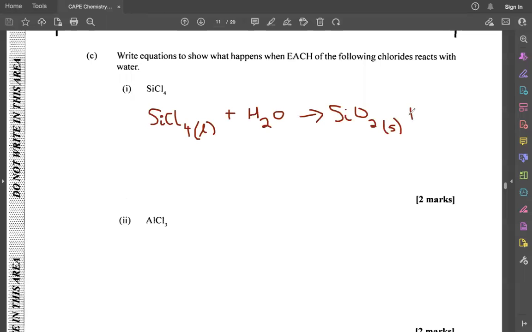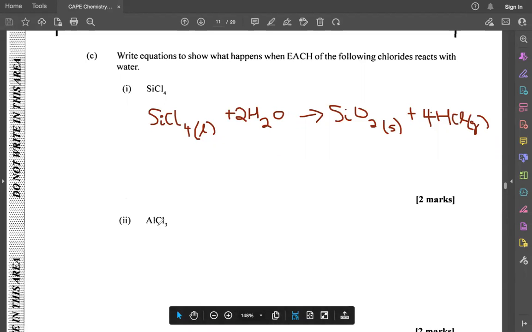And then also we're going to get 4HCl as well, right? So we're going to get some HCl gas coming off there as well. And let's just make sure that we're nice and balanced. So to make sure that we're balanced, we're going to add a 2 here in front of this hydrogen, right? All right, so then that's for silicon tetrachloride. That's what we would get. Those are our products, and we're balanced, so we're good for our 2 marks.